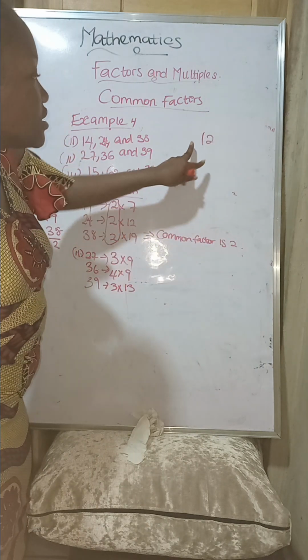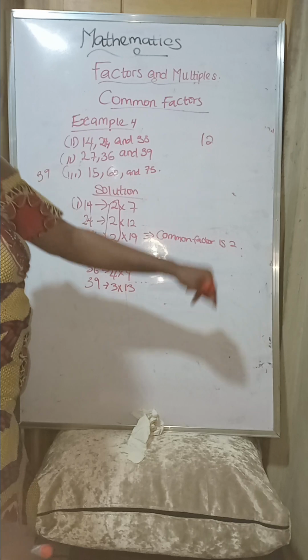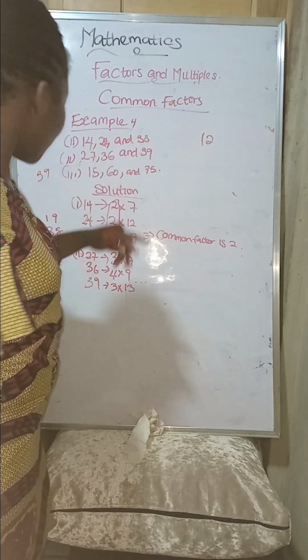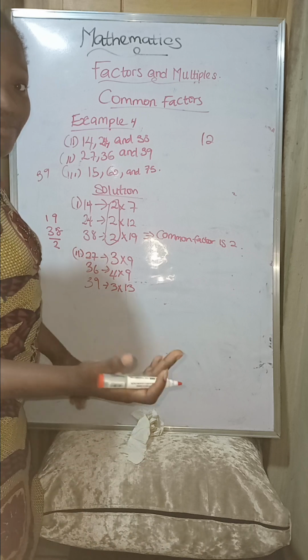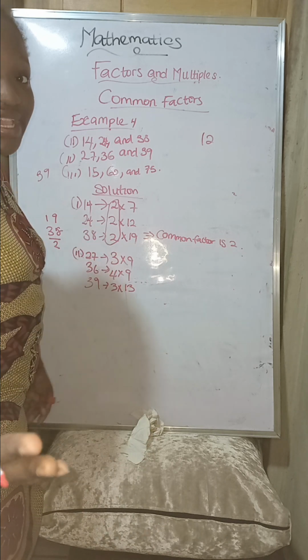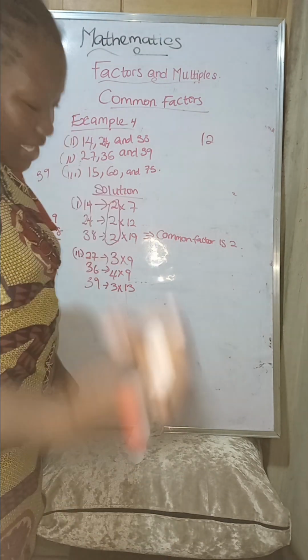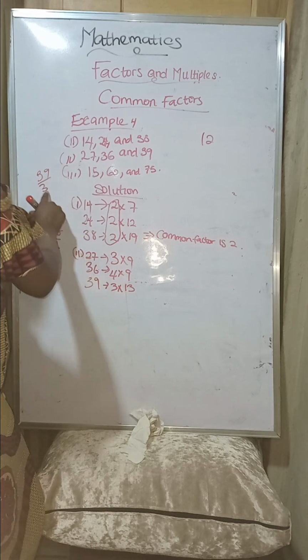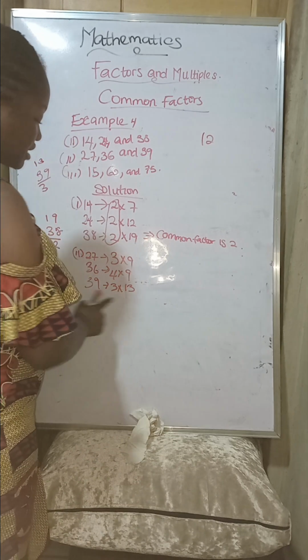If you add the digits, 1 plus 2 is 3, and 3 is divisible by 3, so you know it is divisible by 3. Now 39: 3 plus 9 is 12, and you can divide 12 by 3, which gives 4. That means 3 is a factor of 39. So 39 divided by 3: 3 in 3 is 1, and 3 in 9 is 3. So that's 13, and we have 3 times 13.